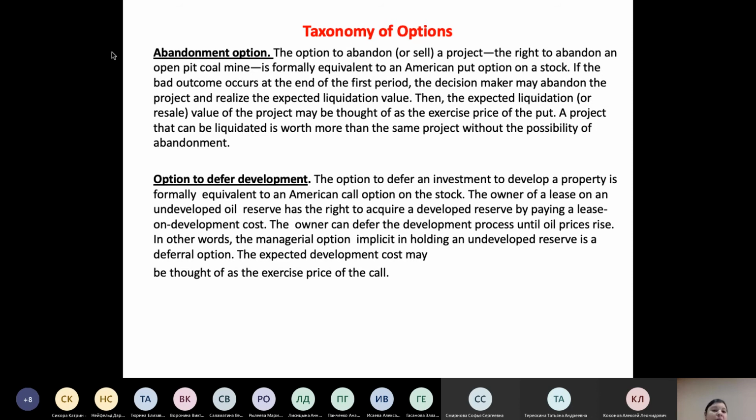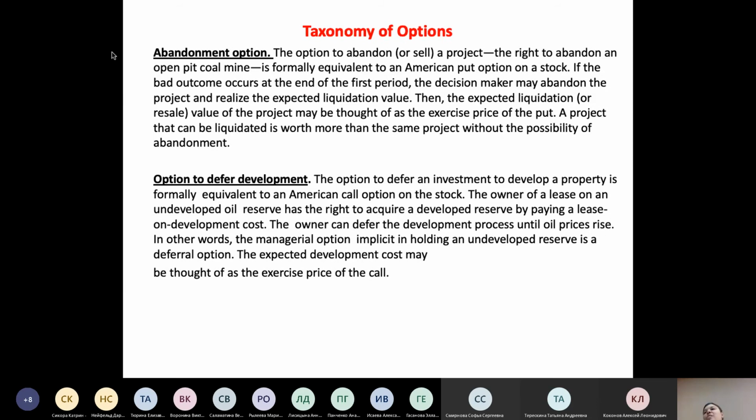If the bad outcome occurs at the end of the first period, the decision maker may abandon or leave the project and realize the expected liquidation value. Then the expected liquidation or sale value of the project may be thought of as the exercise price of the put.